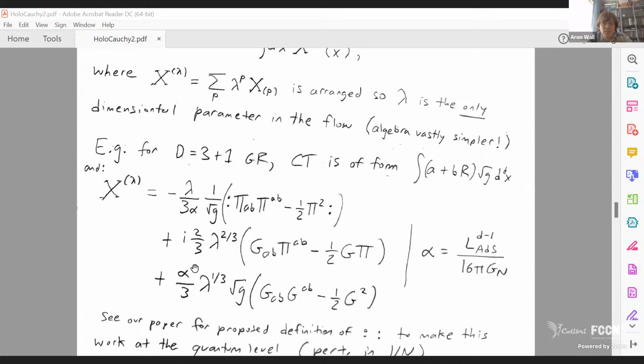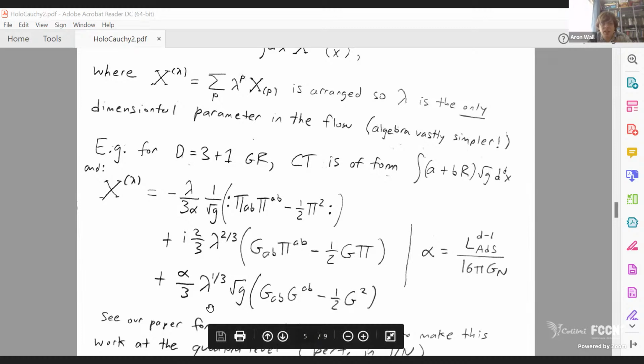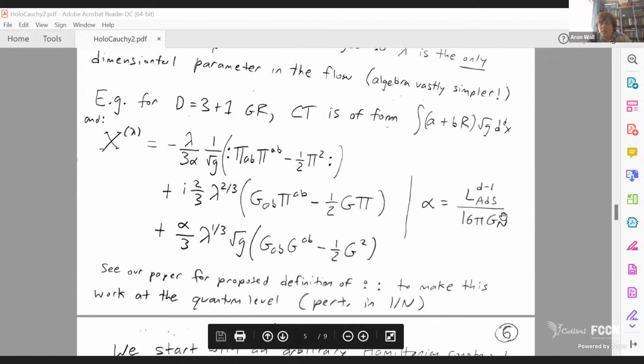And then the powers of lambda are chosen to be dimensionally correct, and there's a coupling constant in here which you have to choose to match to the bulk Newton constant.